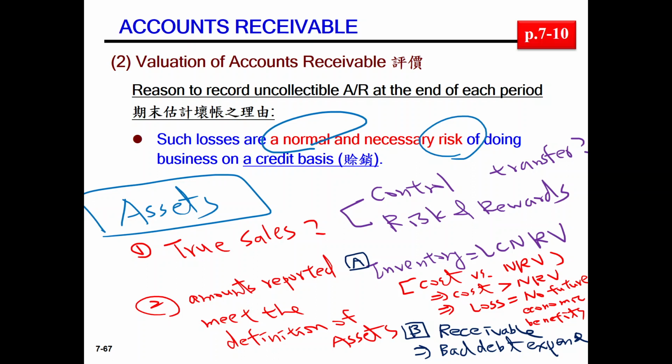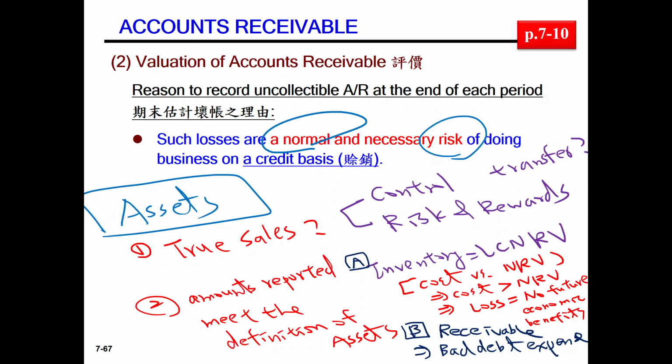Using different methods to try to meet the definition of assets. So that's why you should understand, no matter what kind of assets we talk about, we always focus on these two issues. Okay? So for inventory, we use LCNRV.